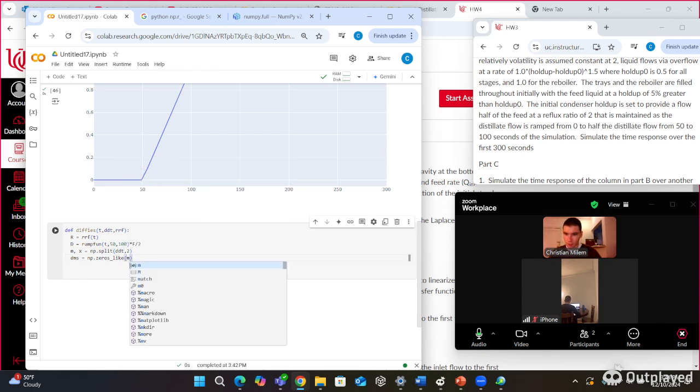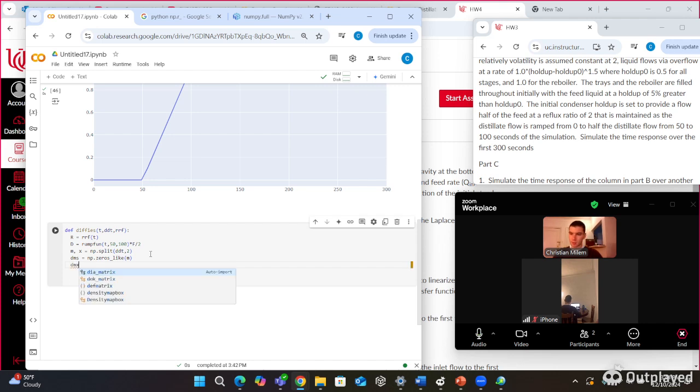We're going to need an array of zeros that look just like the same size of our molar flow rates. And X, with parentheses, is going to be the same thing. And then our vapor flow rates are going to be the same deal.